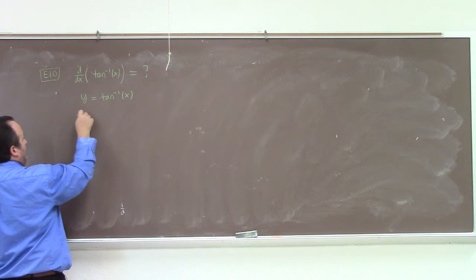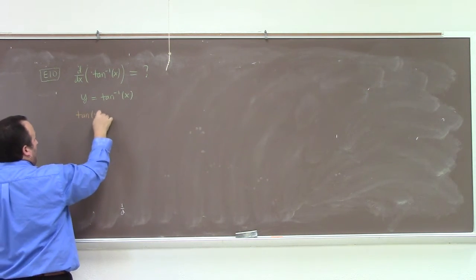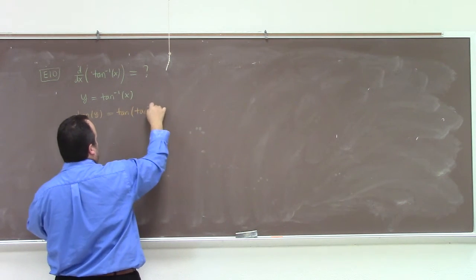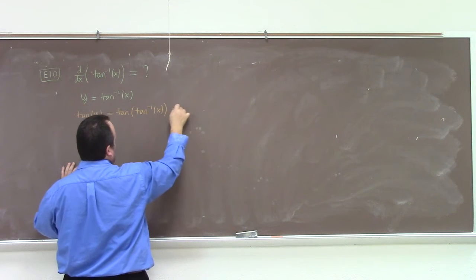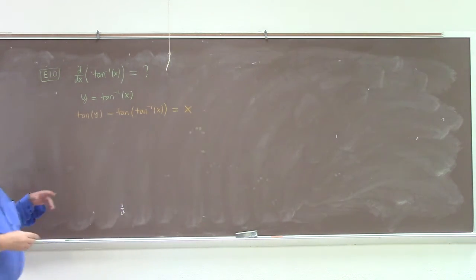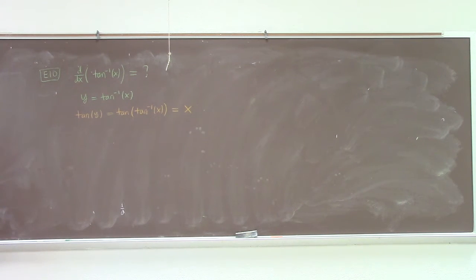We get tangent of y equals the tangent of the inverse tangent of x, which is just what? It's just x, right? Now, this implicitly defines y as a function of x, so we can implicitly differentiate this.